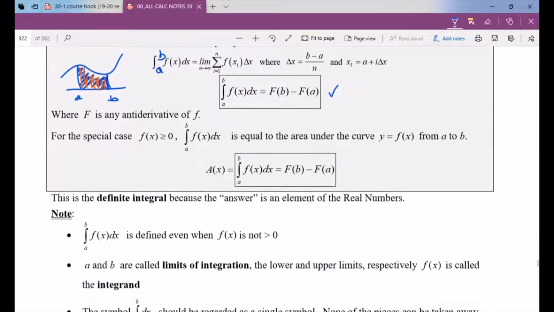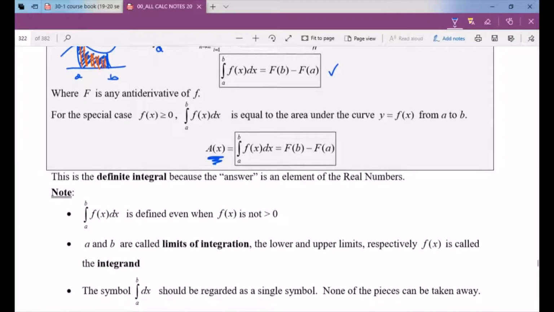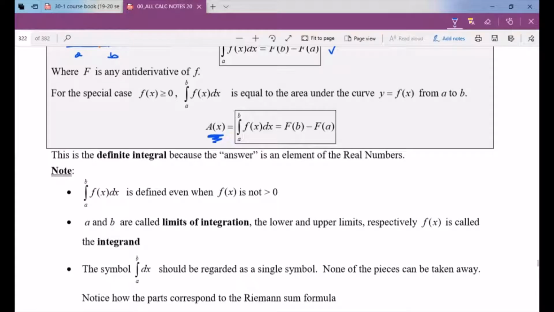Okay, so another part of this notation is it's calling it A of x, where A of x is this integral of f of x from a to b, F of b minus F of a. So really that ends up being kind of the guts of what we're doing here in integration, is we're finding your antiderivative and evaluating it at these two endpoints of our interval.